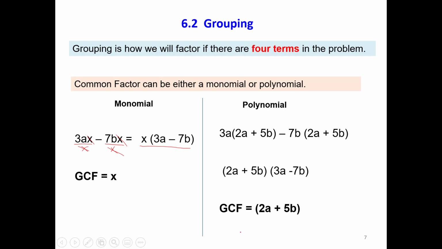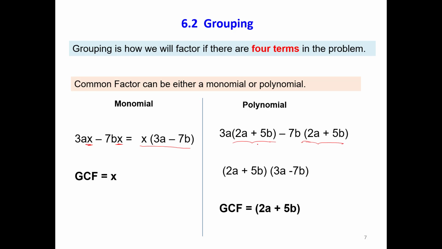And we can see here, in the same way, the common part is 2a plus 5b. But the common factor is not just one term, it's two terms.